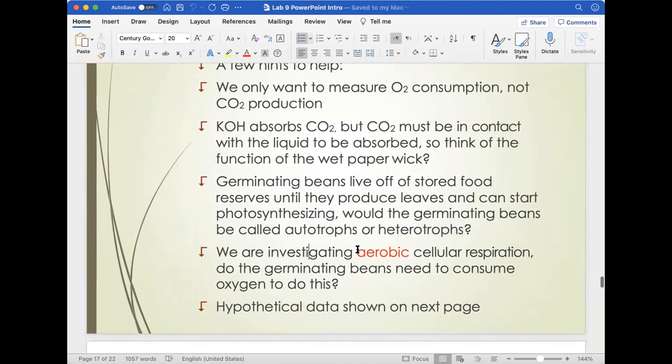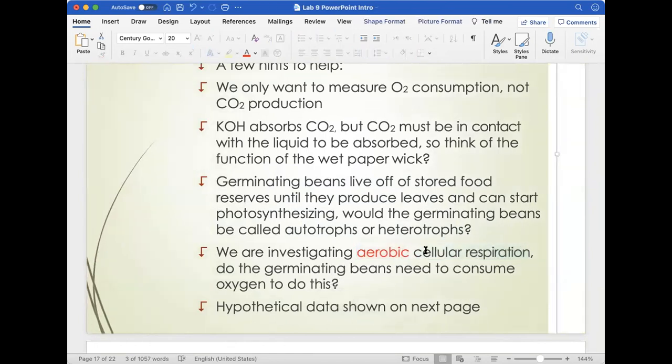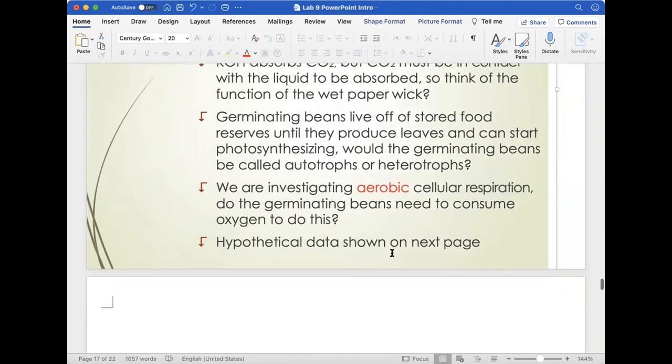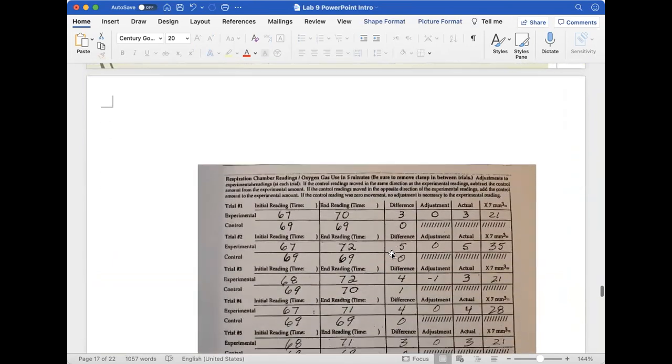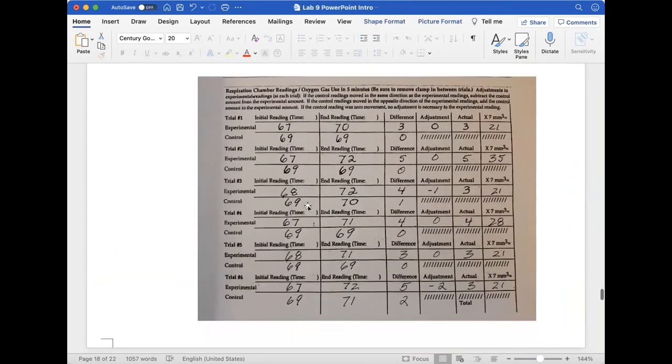We are investigating, again, aerobic cellular respiration. So these germinating beans are using oxygen and glucose to create carbon dioxide and water. Do the germinating beans need to consume oxygen to do this? If it's aerobic cellular respiration, they do. And here's the hypothetical data on this page, which you will need to answer your questions on the worksheet.